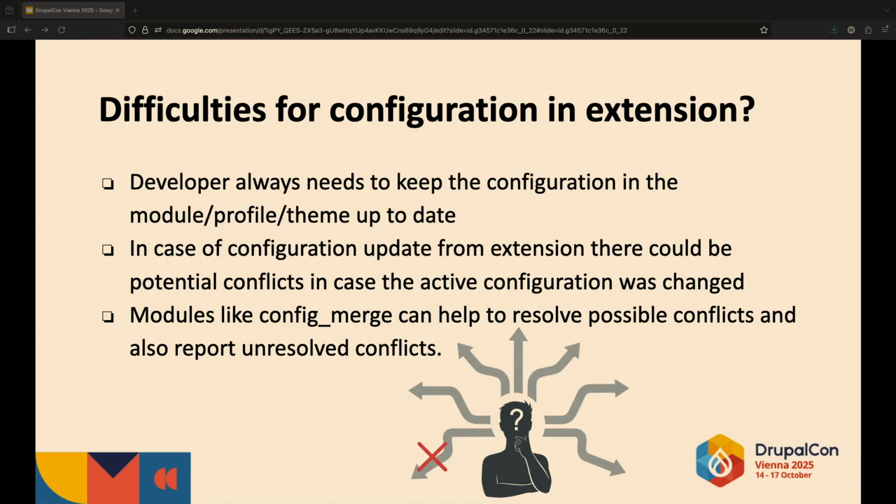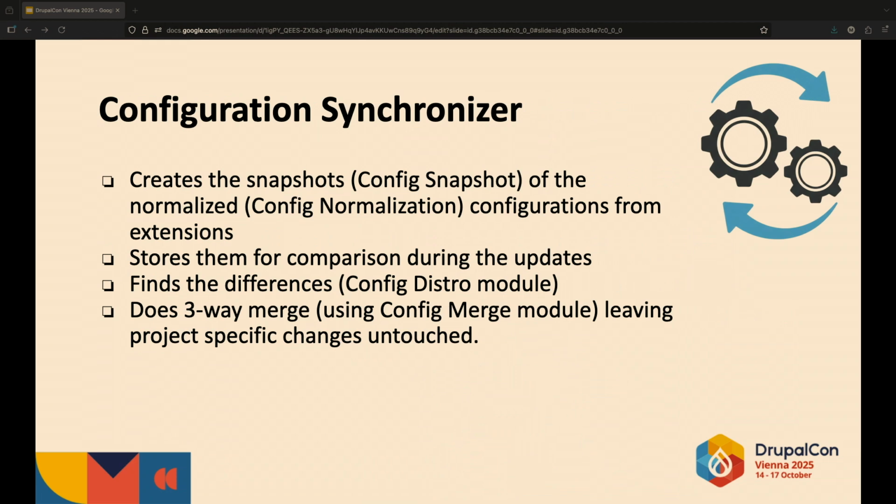That's why we can use some additional tools like config merge, for example, which could automatically detect, notify, or even automatically resolve some conflicts. There are also more significant ways to do that, for example, the configuration synchronizer module, which made it more advanced and flexible to resolve such configuration conflicts.